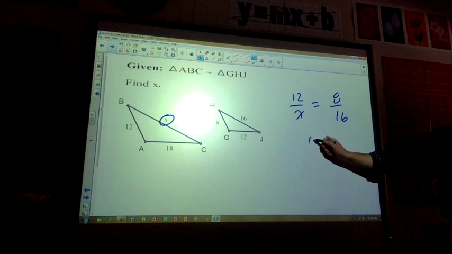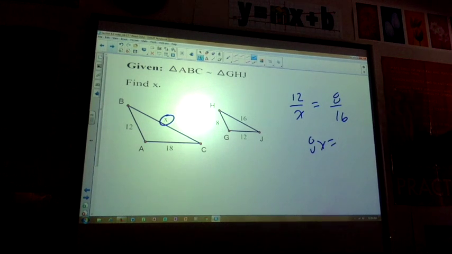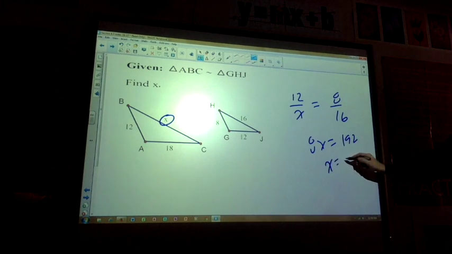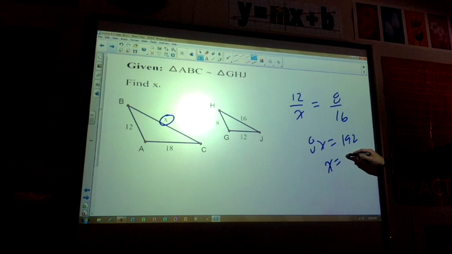Cross multiply, so I get what? 8X equals how much? 16 times 12 is 192. Divide that. 24. Cool, that'll work.